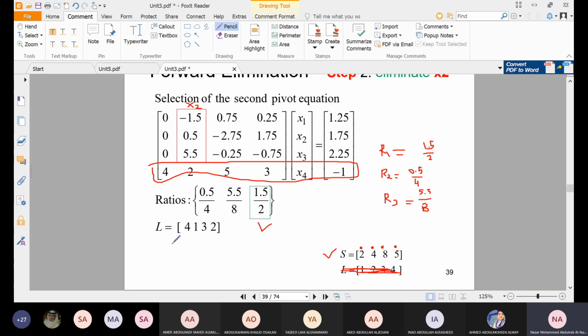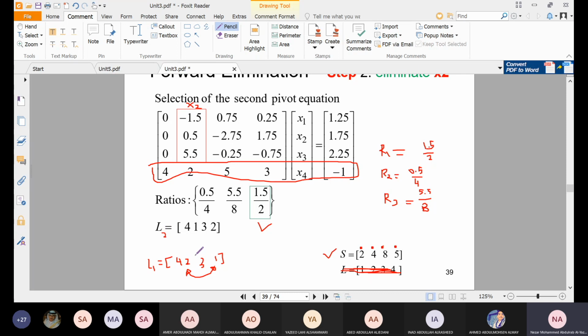If we look at the index vector, assume this is for the first iteration, we interchange between 4 and 1. So the index vector becomes 2, 4, 3, 1. And now, because I find that the second pivot equation is row number 1, I will swap the index of row number 1 and row number 2 as a result.